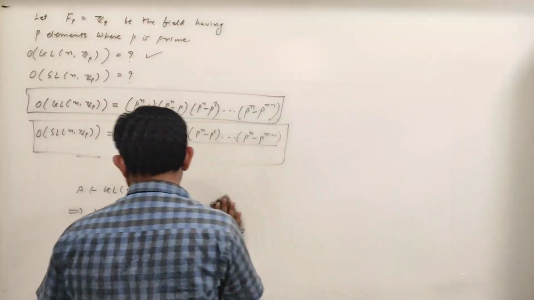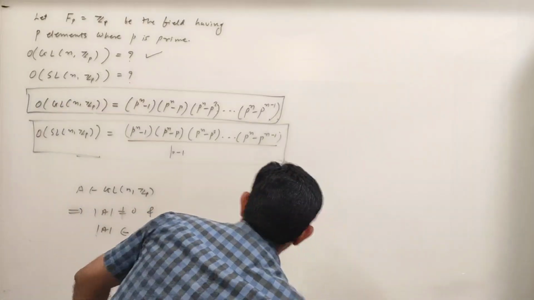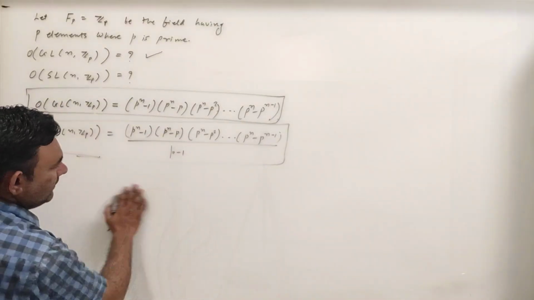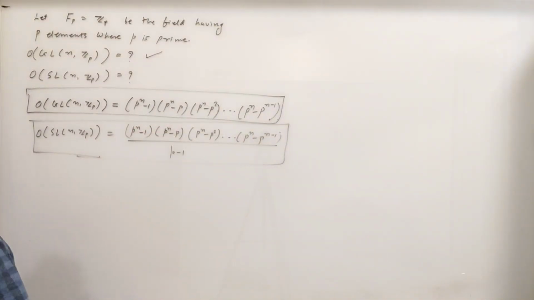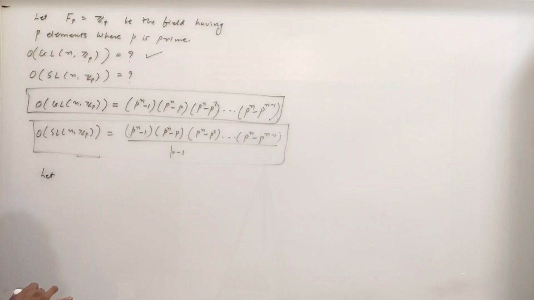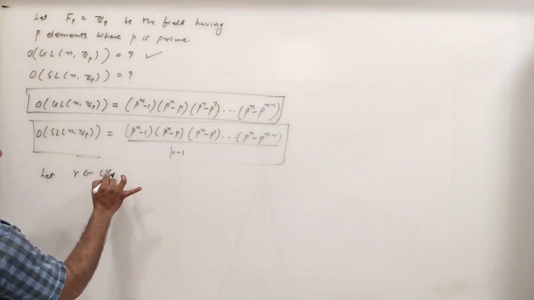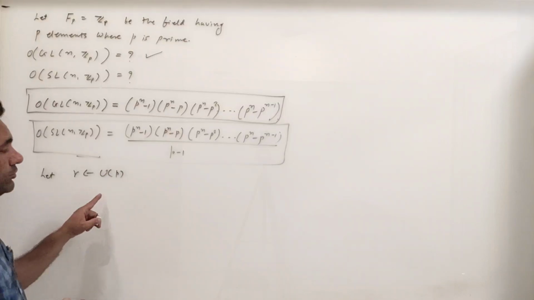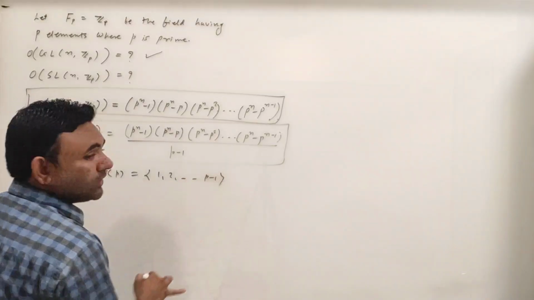So let us try to give the, okay, let me first of all write that formula and then I will give just the logic. How can we find that thing? So let r belong to Up, and Up is what? 1, 2, 3 up to p minus 1.